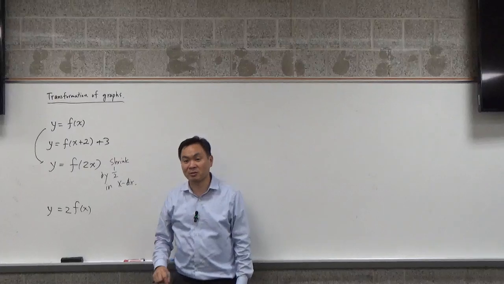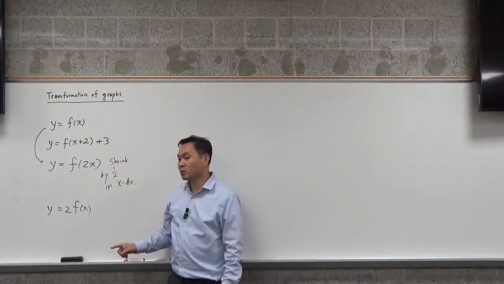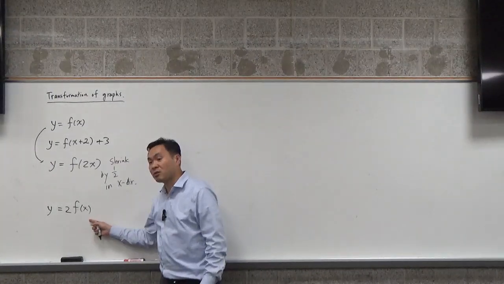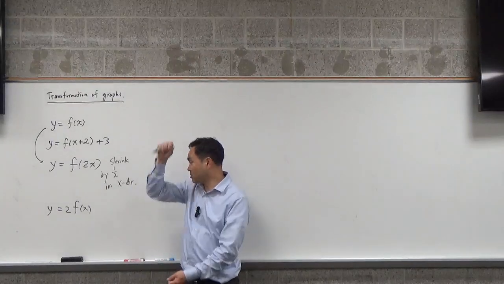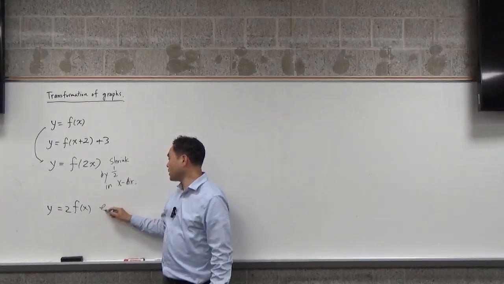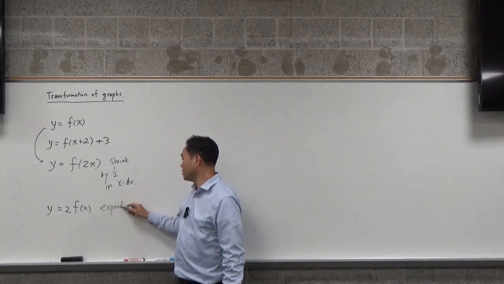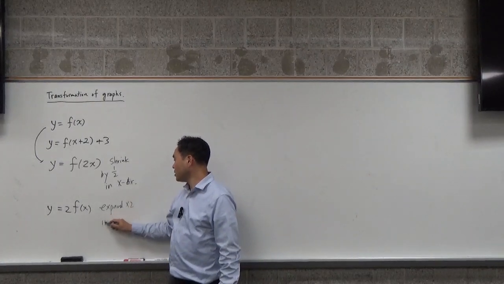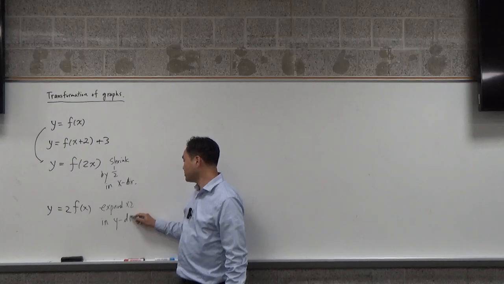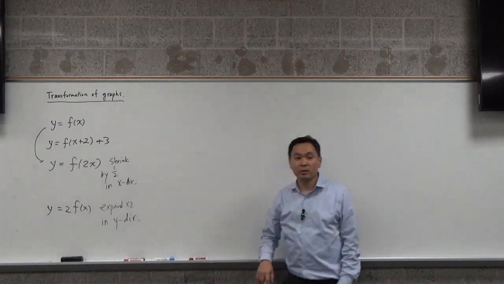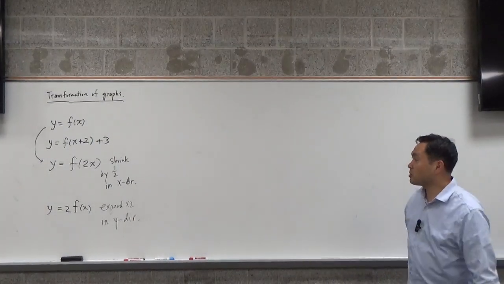Which way does this one expand? No, vertical. It's the value of the function, so it does this. Okay, so it expands times 2 in y direction. Okay, so those are the few things that we learned last time.